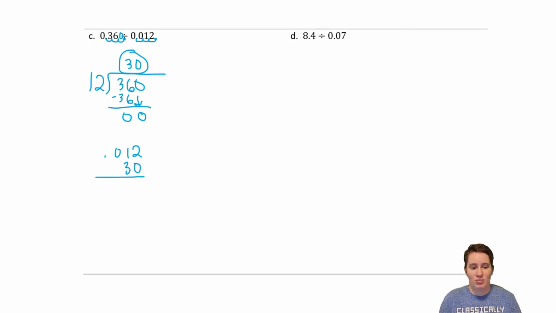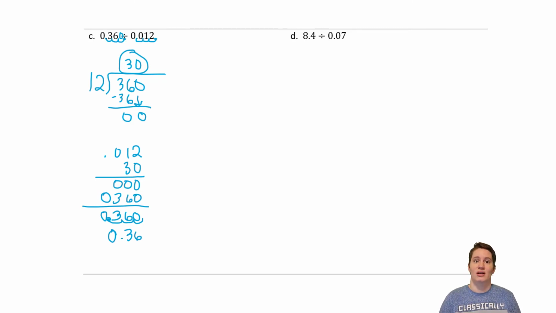And so when we multiply by 0, those are all 0. We put a 0 placeholder, and then we multiply it by 3. We add our columns, and then we say there's 3 decimal places here, so 1, 2, 3, and we get 0.36. So yeah, looks like we did it right because we checked our answer and we got the thing that we started with.